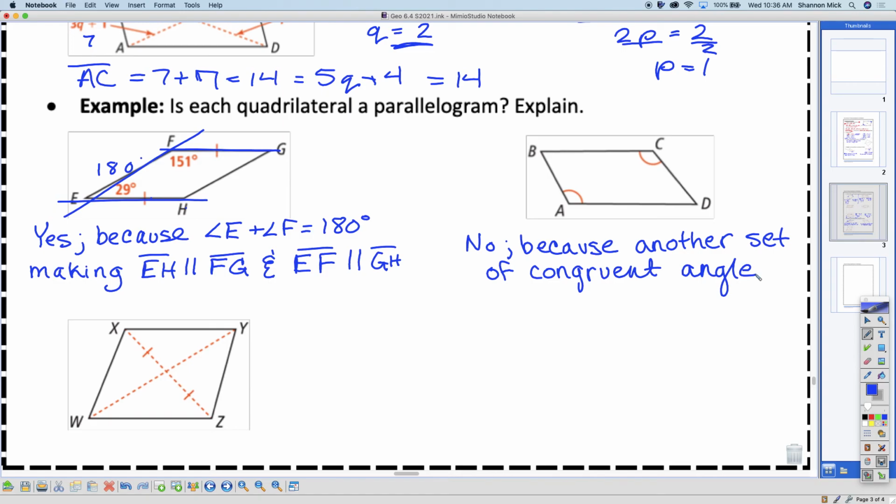Okay, so the last one. No, there's not another set of. No, because I know that XZ is bisected, yes? But do I know WY is bisected? No. Why don't I know that? Because there's no lines.